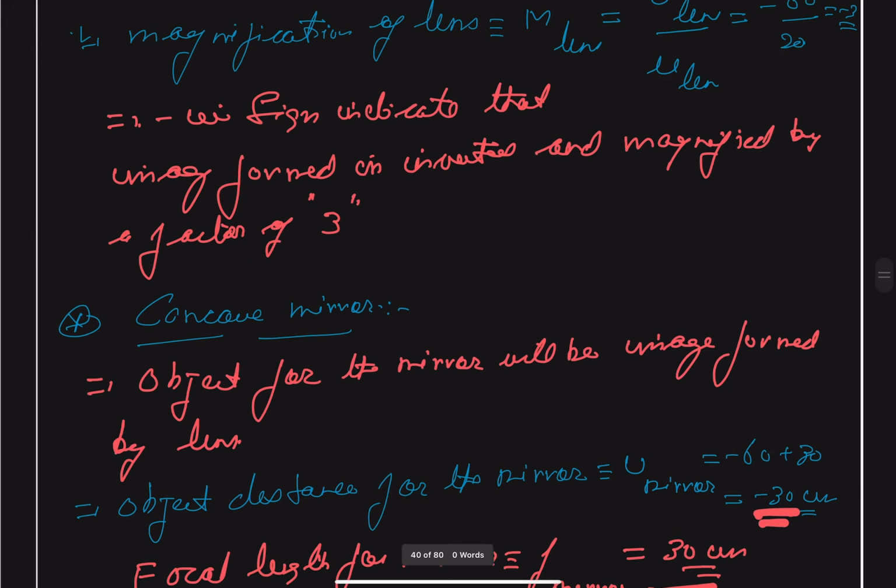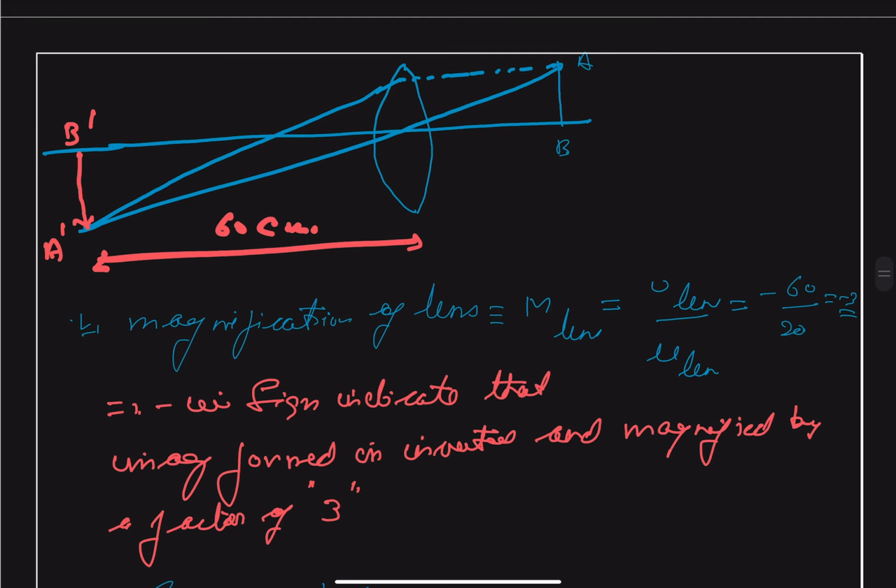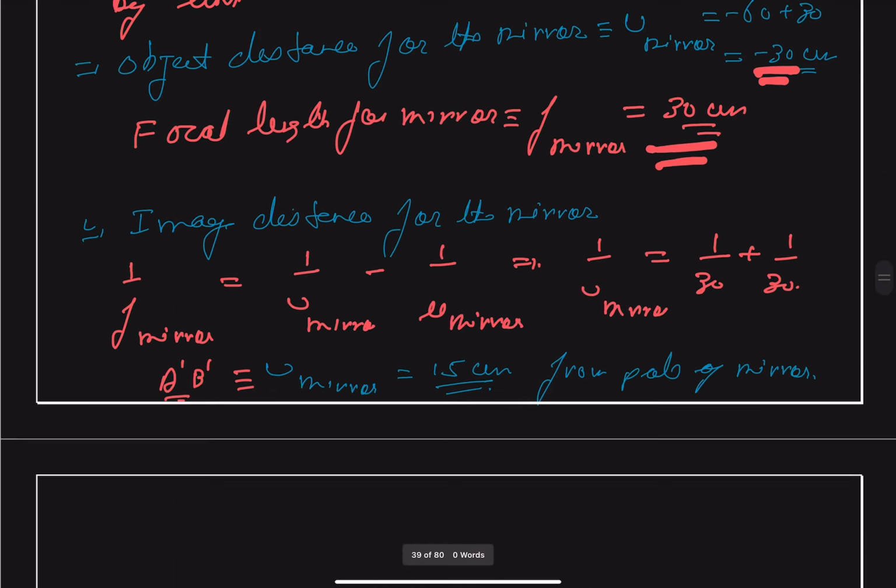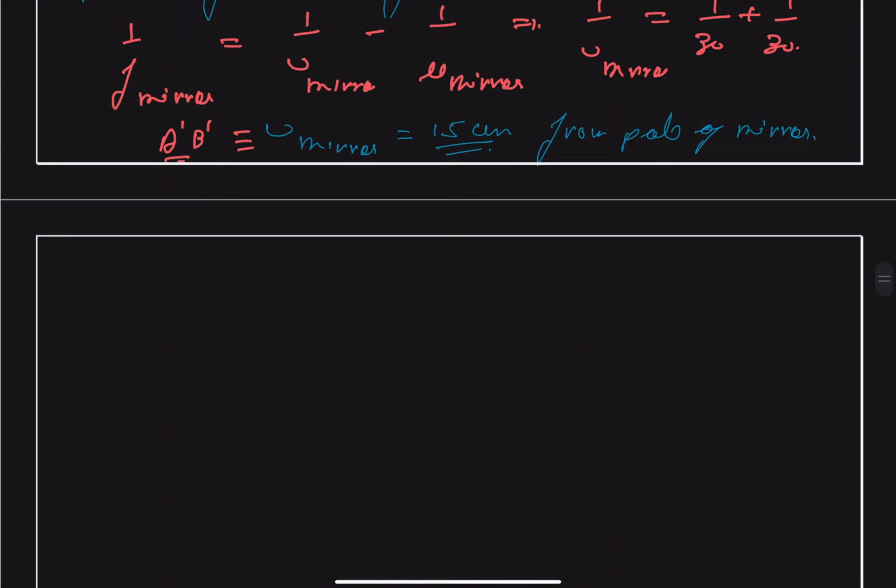Let me correct it myself. This is not A prime B prime. Let me draw this as A double prime and B double prime, at 15 centimeters from the pole of the mirror. And we can also find out the magnification.